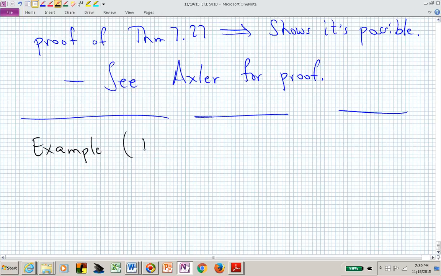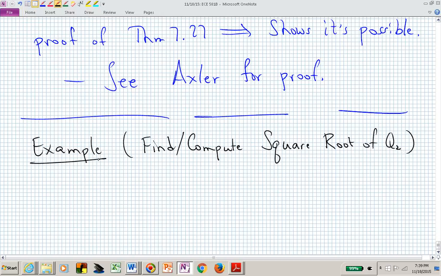This example is going to find, or compute, the square root of a positive matrix.